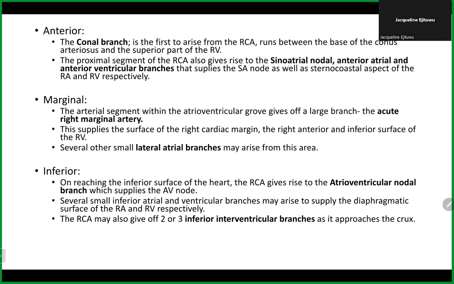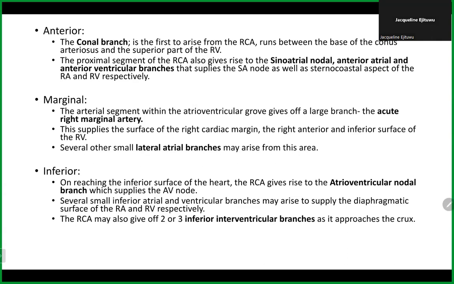After the conal branch, it also gives a branch to the sinoatrial node, and anterior atrial and anterior ventricular branches, which supply the SA node as well as the sternocostal aspects of the right atrium and the right ventricle, respectively. So the SA nodal branch will supply the SA node. The anterior atrial branch supplies the right atrium, while the anterior ventricular branch supplies the right ventricle.